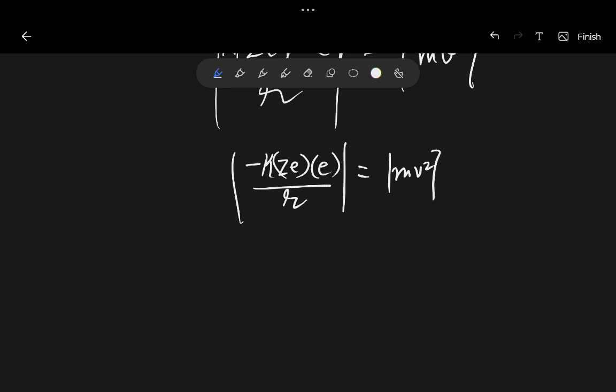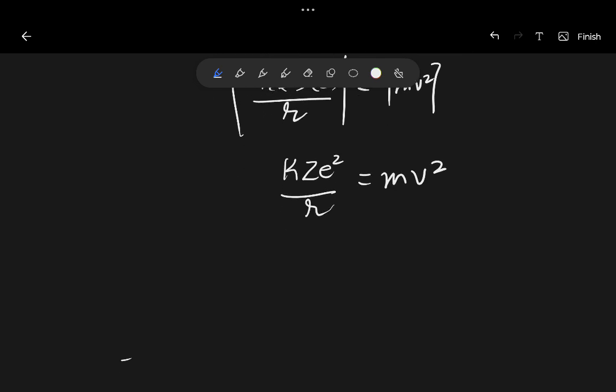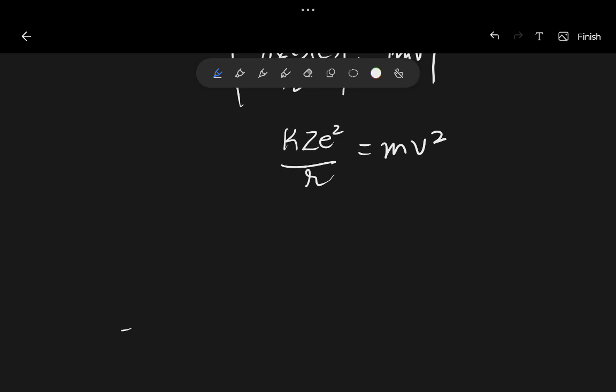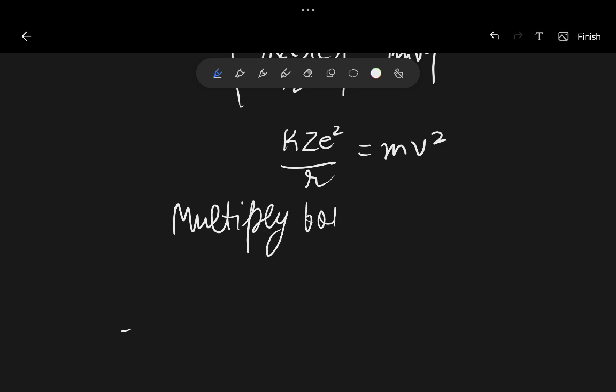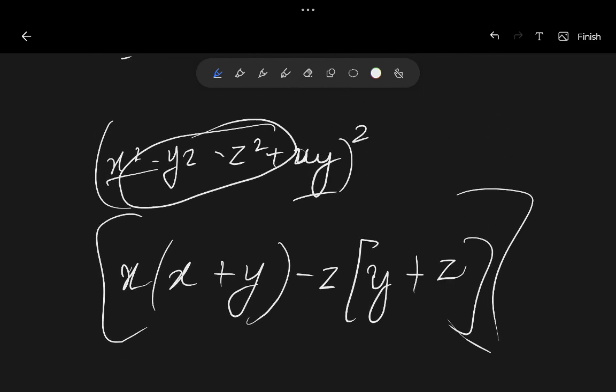Now we can just remove the modulus. Alright, so it will be like this: K Ze square upon R equal to mv square. Now we're going to multiply both sides by half. Now it would be like this.